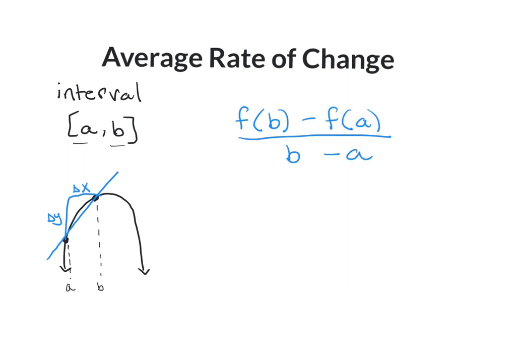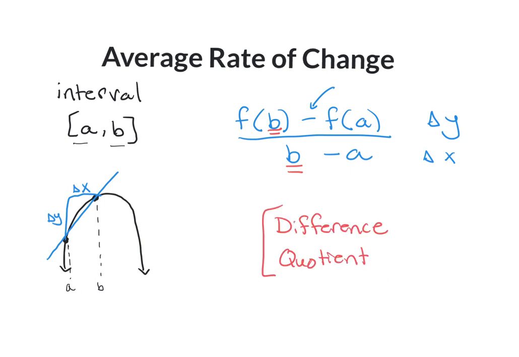So here we have this formula, f of b minus f of a over b minus a. This is just a fancy way of saying this is the change in our y values, and this is the change in our x values. These are the x values that we're plugging into our function to become y values.